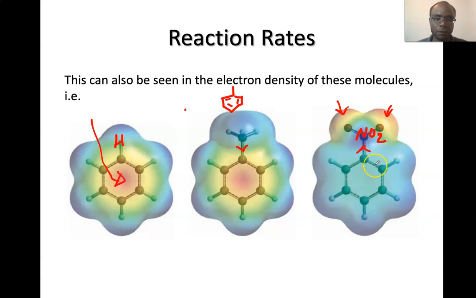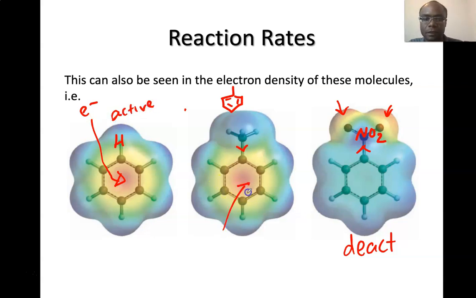You see the blue part is very, very positive. So this ring is deactivated. It has fewer electrons inside it, which means it's deactivated. The brown yellow part is the electron density region. This ring is active, can do electrophilic aromatic substitution at a quicker rate. Similarly, here you have electrons, so this one is active. And you have the alkyl group here, in this case a CH3. You have the R group.